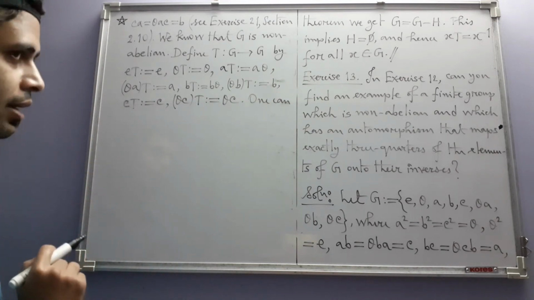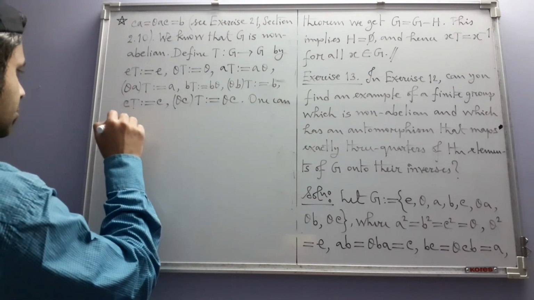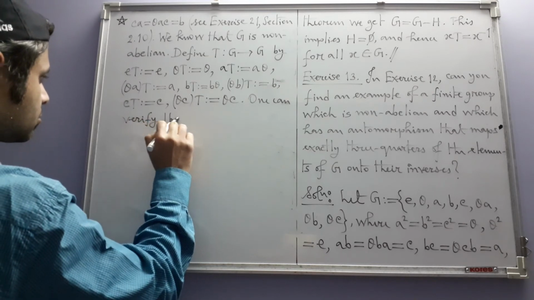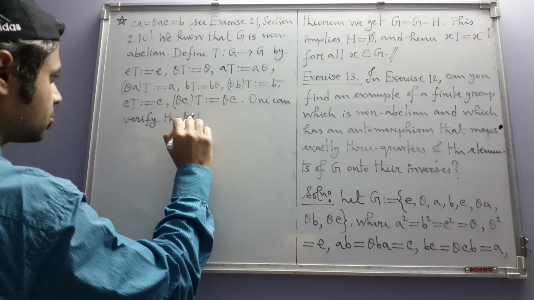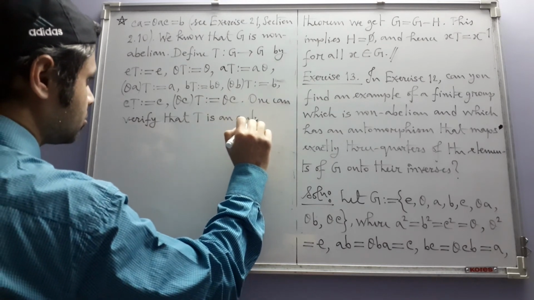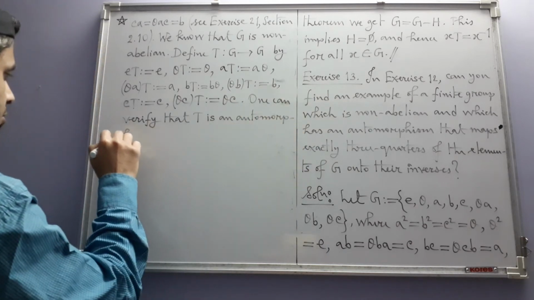One can means I have and you are supposed to. One can verify that T is an automorphism.